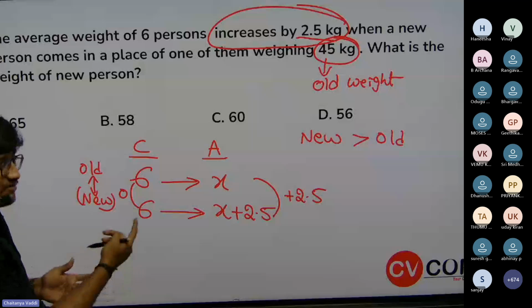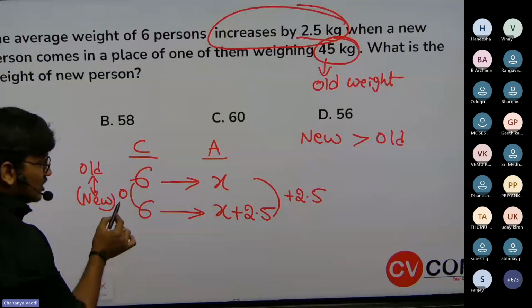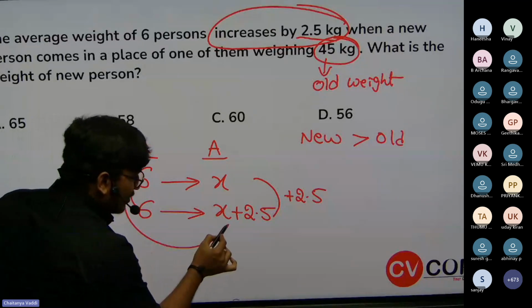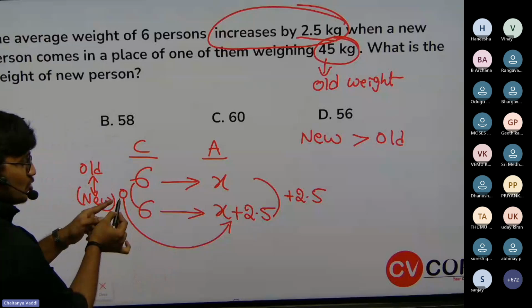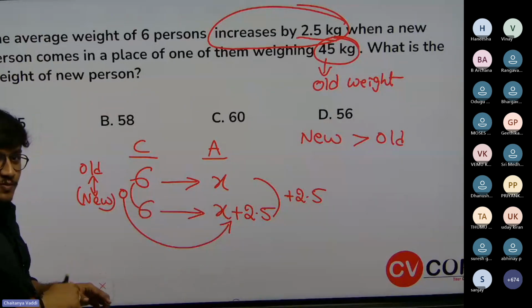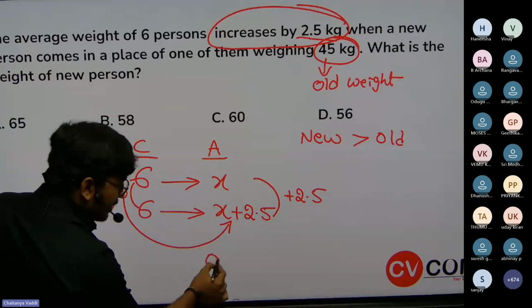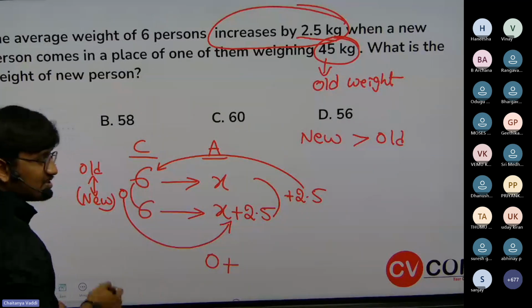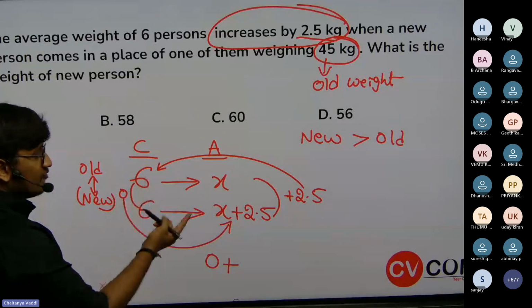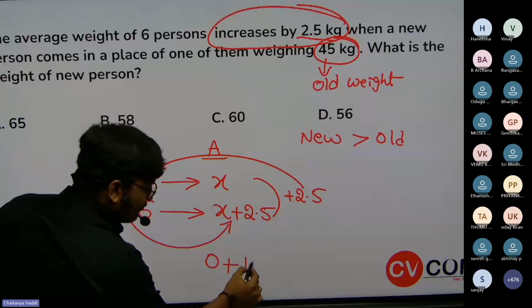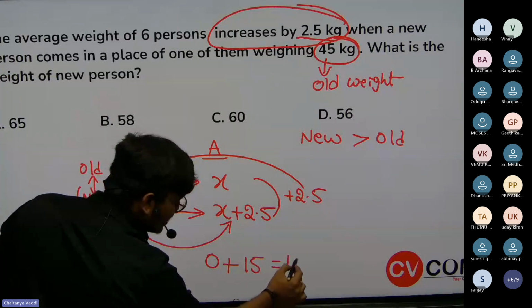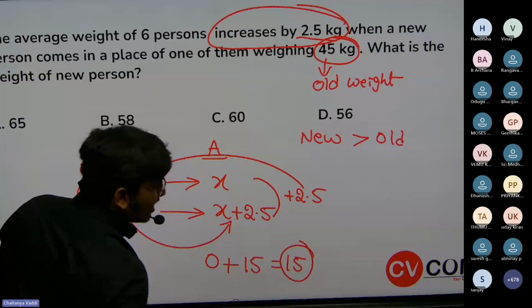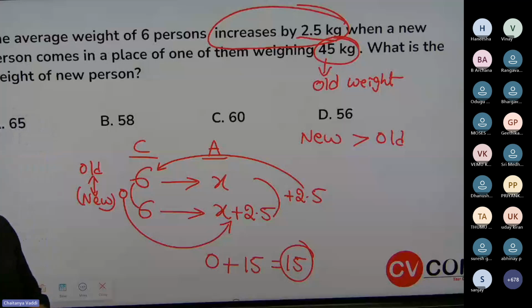So the left hand side difference multiplied with this number, obviously 0 multiplied with any number gives you 0. 0 plus 2.5 multiplied with 6. 6 twos are 12, half of 6 is 3. So 12 plus 3 is 15. So 0 plus 15 is 15. Don't decide the answer is 15. So the answer is not 15.